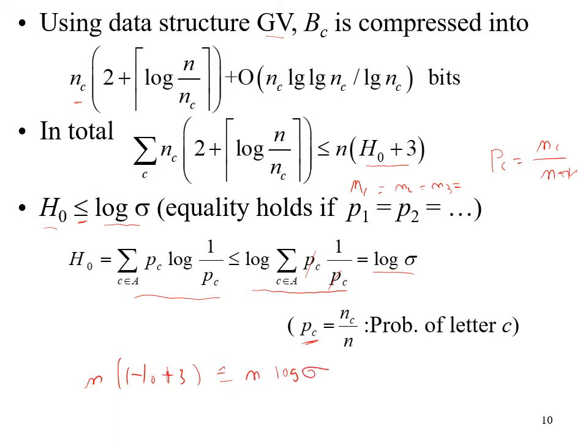So if sigma is large enough, then this H0 plus 3 is smaller than log sigma. Of course this is an upper bound, so this always holds.